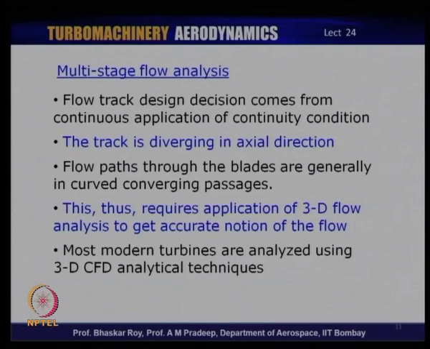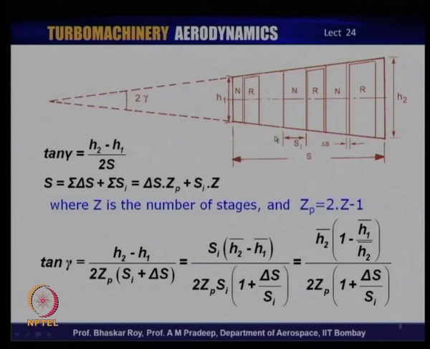So, you need to do a flow track design, which comes from, as I mentioned, a continuous application of the continuity condition, which will keep giving you the values of the heights or the annulus areas at each of those stations. So, you can calculate the values of pressures and temperatures at each of those stations after a nozzle, after a rotor, after a nozzle, after a rotor, etcetera. And then that will allow you to calculate the density.